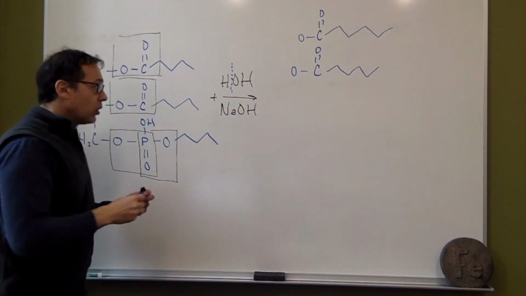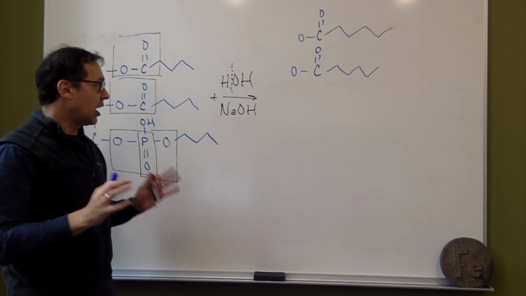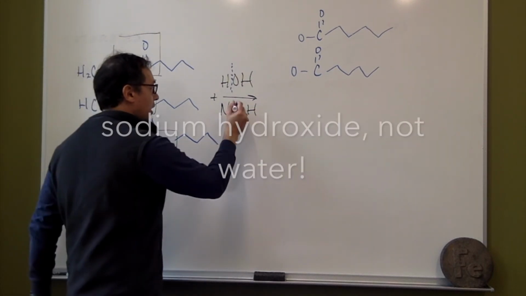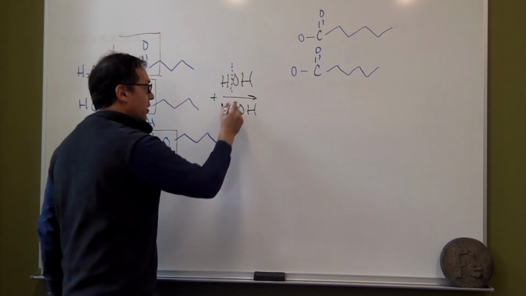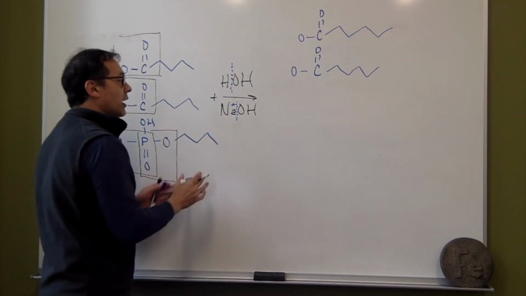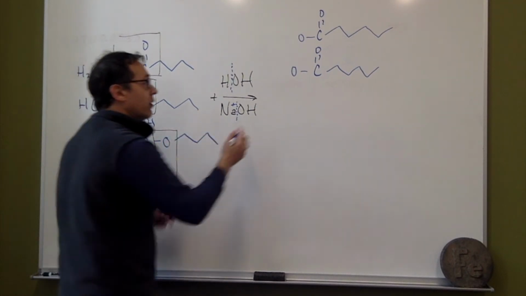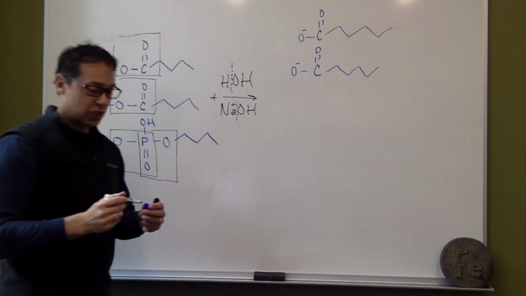Now what's going to happen here is a little bit different, a little bit odd. We're going to take our water and split this apart, and this gives us sodium ions. Those sodium ions, because they're electropositive, are going to be attracted to these electronegative oxygen atoms.